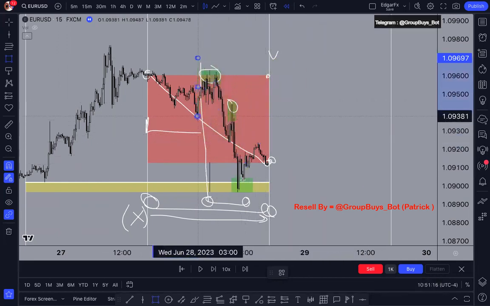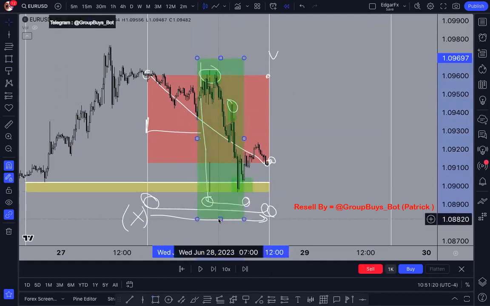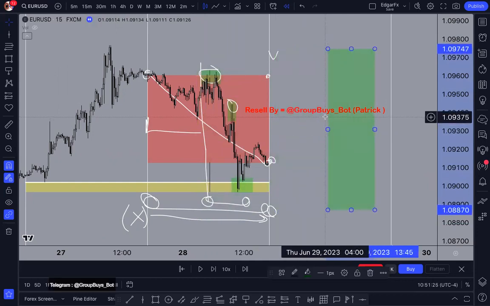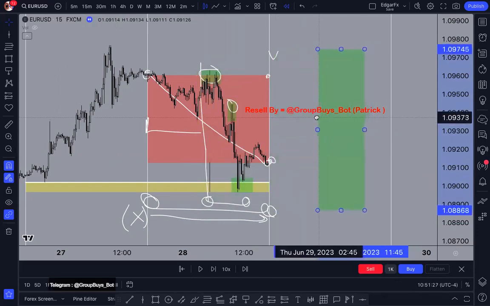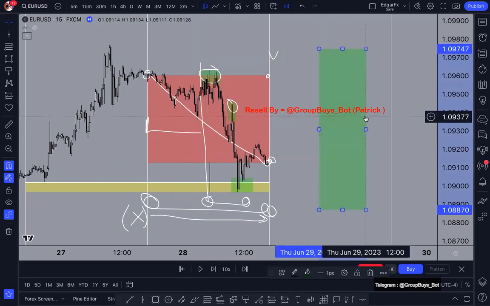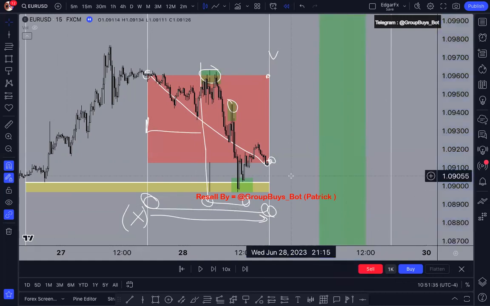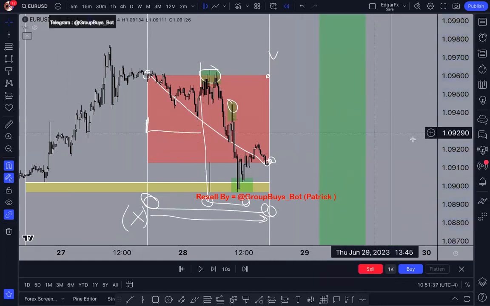So from 2:45 to, let's say, about 12 o'clock. That time range right there. Let's see the activity within this green zone compared to the gray zones.